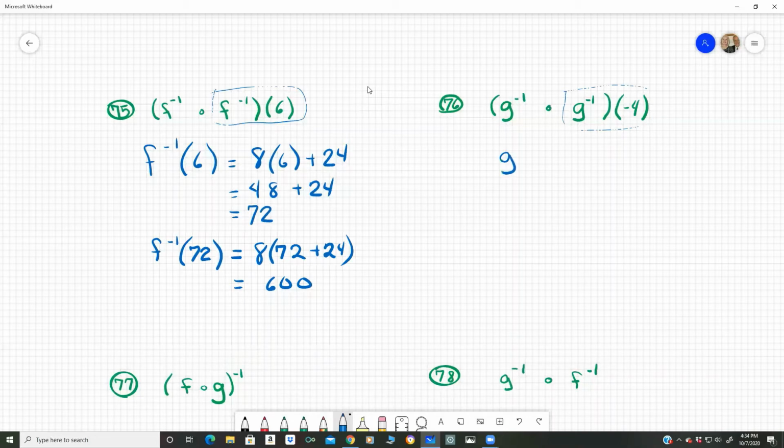We're going to be using the inverse of our g function at -4, keeping in mind that the inverse of our g function is the third root of x, but we will be putting -4 in. So we've got that, and now we need to find g, since we haven't finished the entire thing, of this.